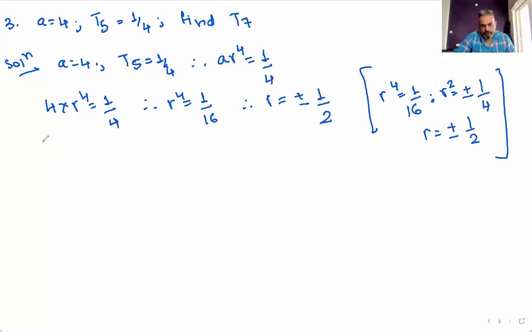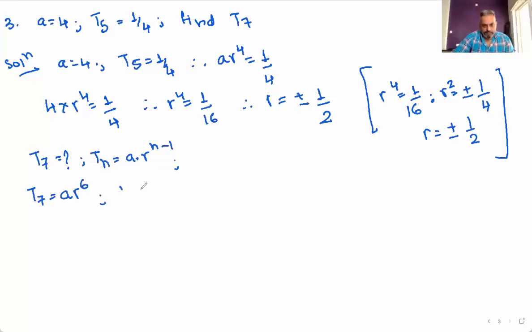Now, R can be positive, R can be negative over here, it can be plus or minus. We have to find T7. So T7 is what we have to find. Tn is equal to A into R raised to n minus 1. So T7 is equal to A into R raised to 6.